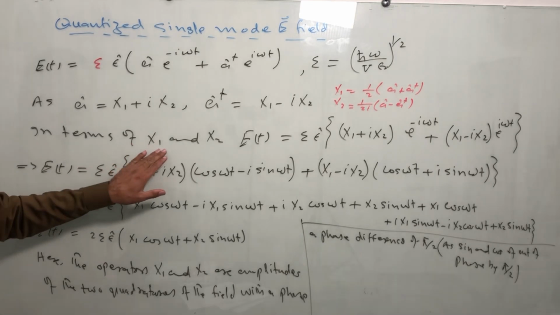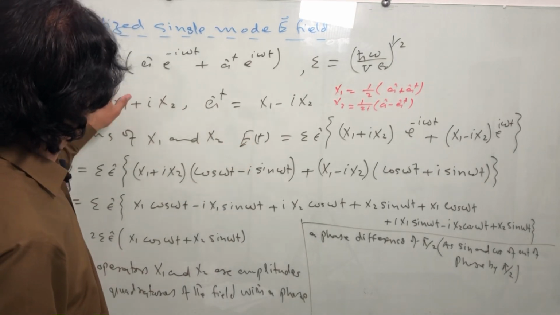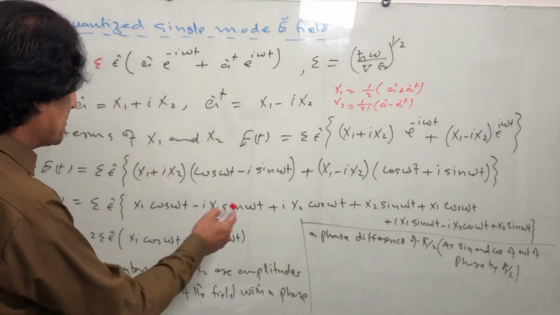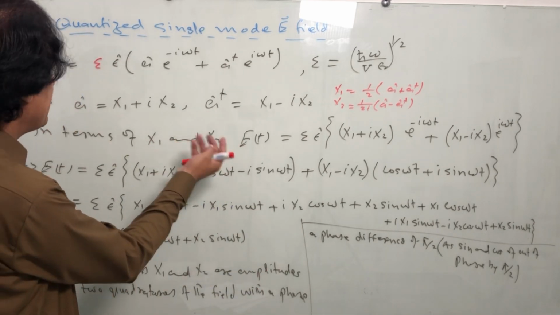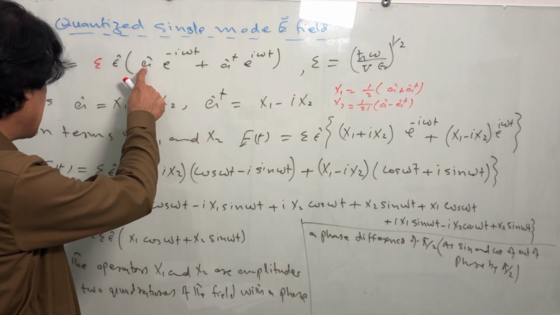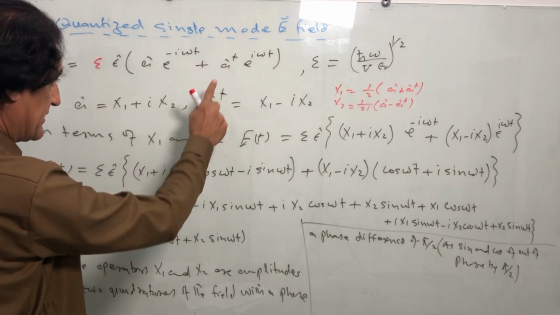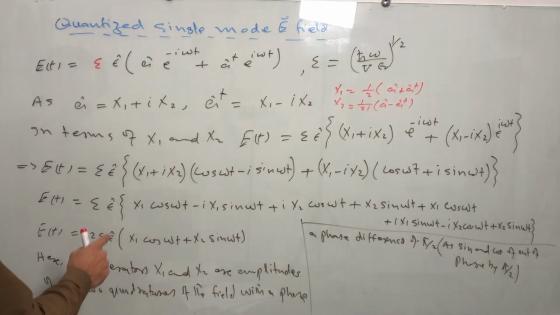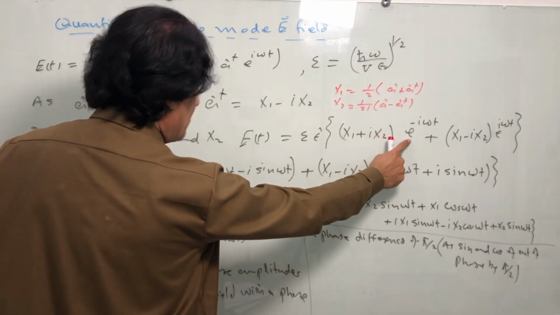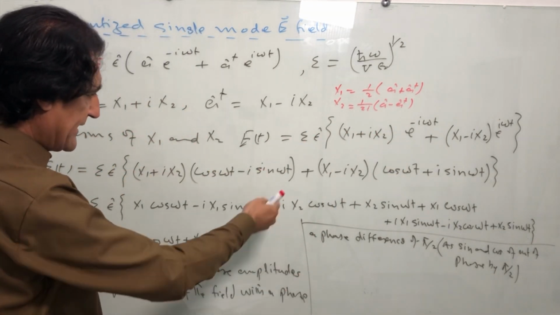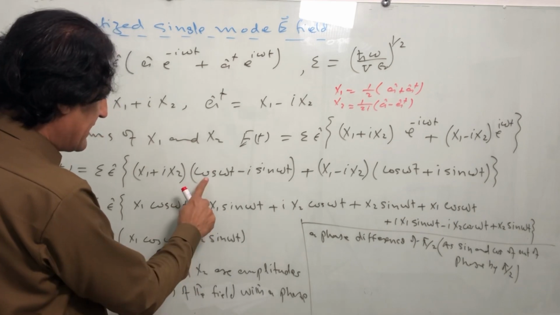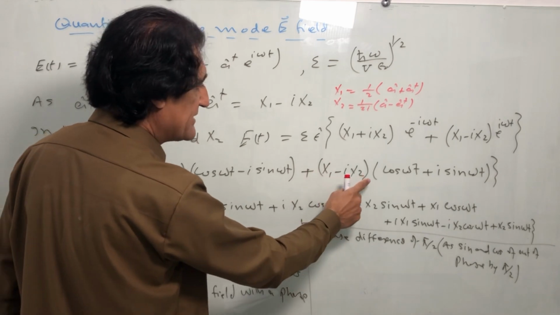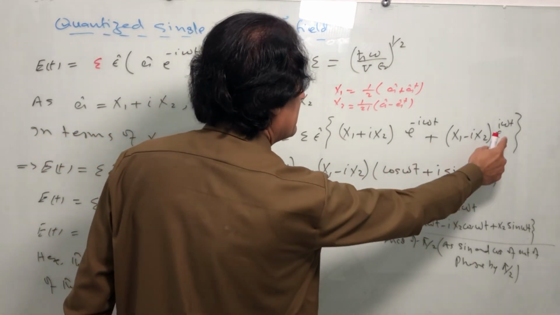Now in terms of x1 and x2, this single mode electric field can be expressed very simply: for the annihilation operator we can put this term, and for the creation operator we can put this. You can see here, and then further, if the exponential is taken in the cosine and sine omega t, then this is cosine omega t minus iota sine omega t, plus x1 minus x2 times cosine omega t plus iota sine omega t.